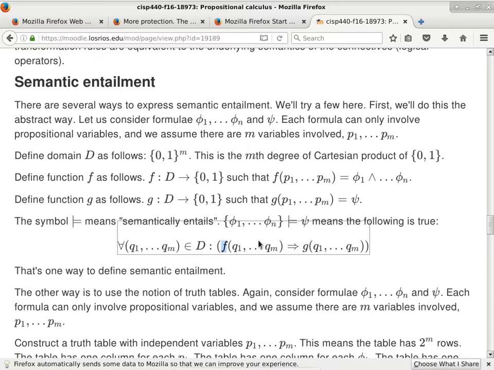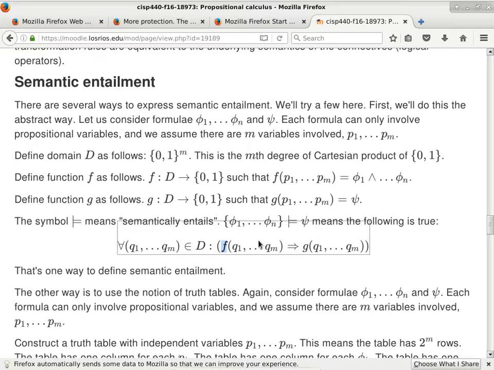With this example, I think it's a little bit easier to understand. Without the example, it's a little bit abstract. So how would you write that down, that it's true? You basically just say that for all elements in the domain D, F of that particular element implies Q of that element.